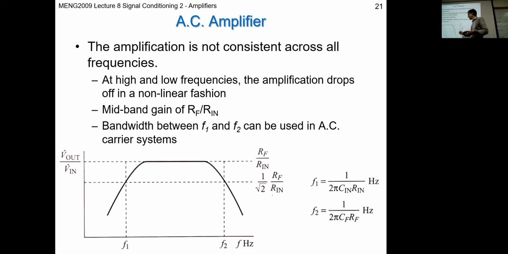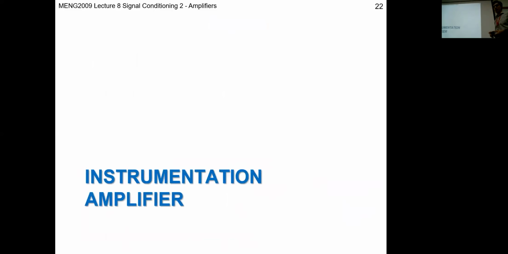So the bandwidth of this particular device is F2 minus F1. That's the range of frequencies over which its characteristics are fairly consistent. And you can calculate the bandwidth using these equations. We don't need to go into that. All right, so that's an AC amplifier.